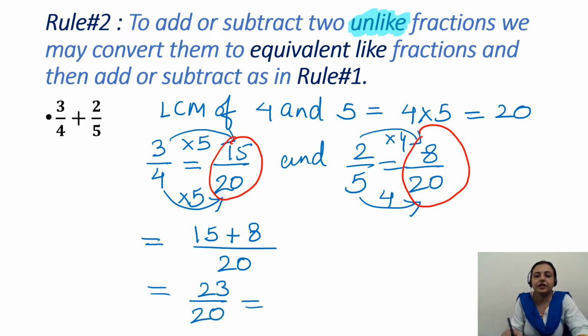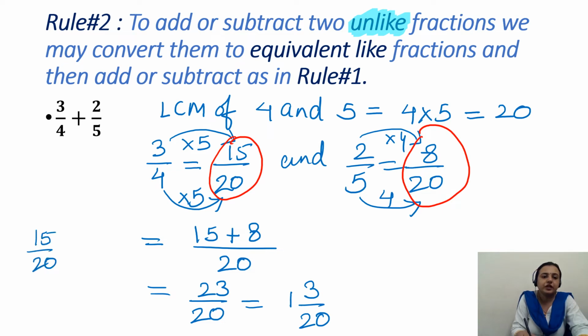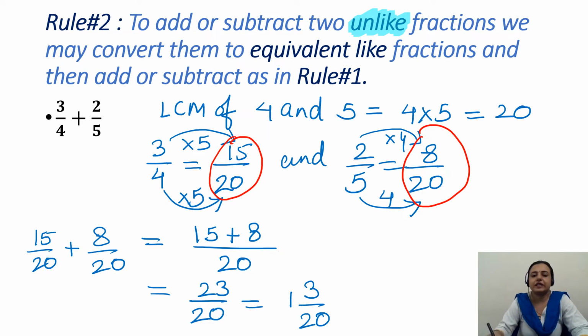And if you convert it into mixed fraction form, as this is an improper fraction, we can also write it in this form. And remember, the original fractions were 3 upon 4 and 2 upon 5. Instead of writing 3 upon 4, I have written 15 upon 20, and instead of writing 2 upon 5, I have written 8 upon 20. Okay. So like this, we have done it.